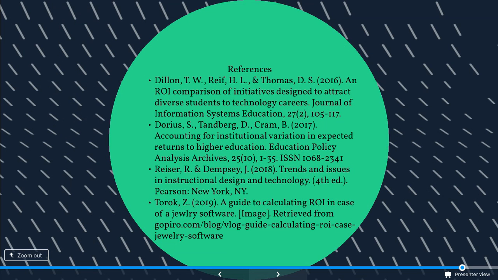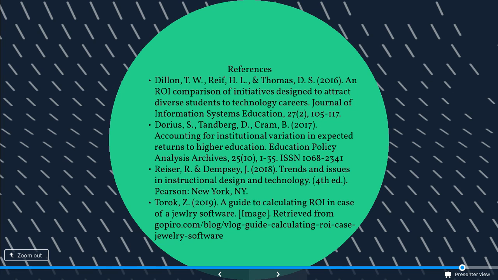If you're looking for some additional reading and maybe some additional research, you can look at Dylan, Reef, and Thomas's article, an ROI comparison of initiatives designed to attract diverse students to technology careers. It has a lot of information about higher education in there. Doris Tamberg and Cram in 2017 wrote Accounting for Institutional Variation and Expected Returns of Higher Education.